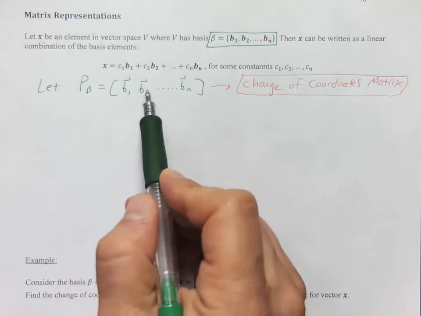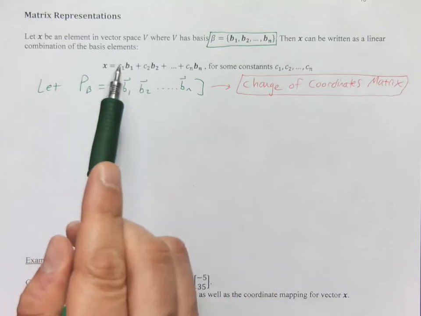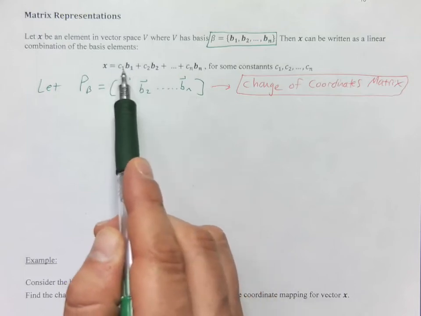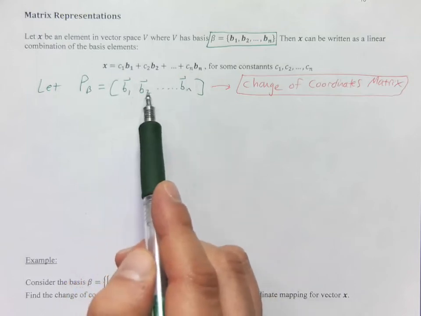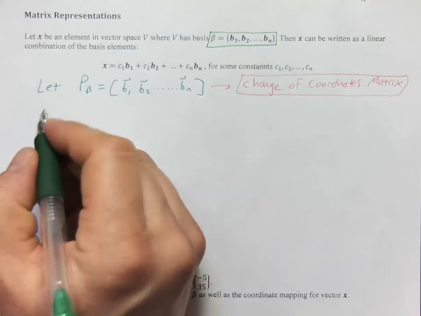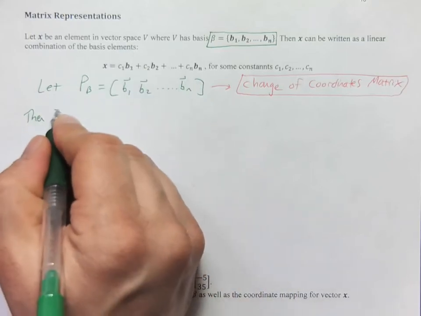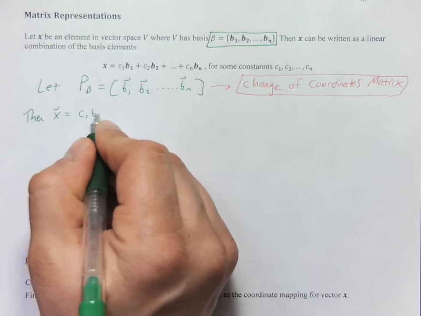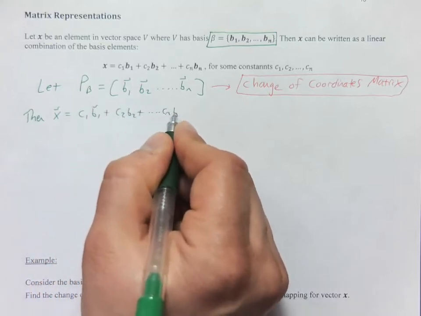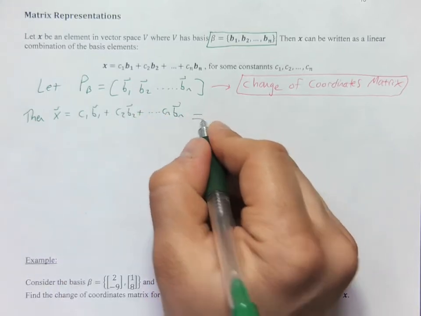Okay, so that's a change of coordinates matrix. And we notice that X is a linear combination of these columns. So that really means X can be written as this matrix multiplied times these constants Ci, which is really this matrix times the coordinate vector. So this expression, X equals C1 B1 plus C2 B2 through Cn Bn, this reconstruction of X can be written as a matrix multiplication.